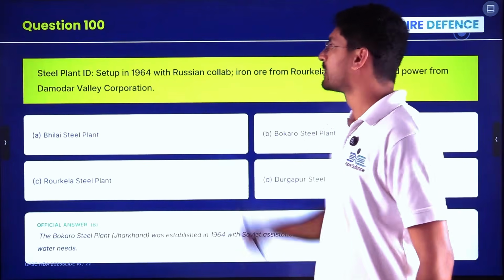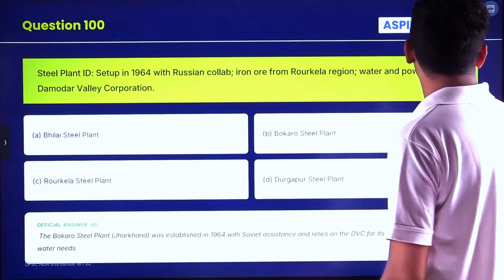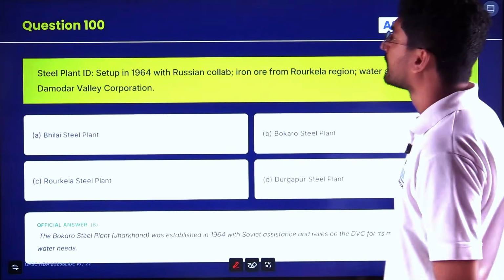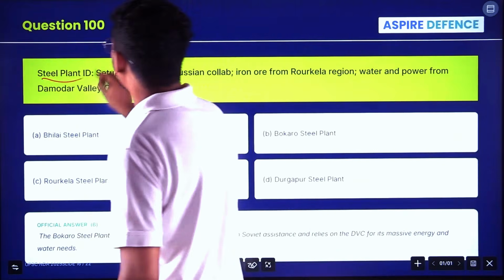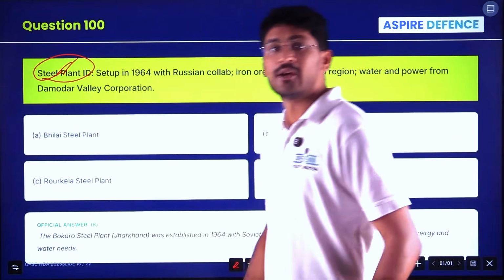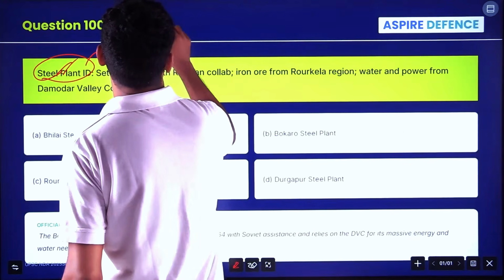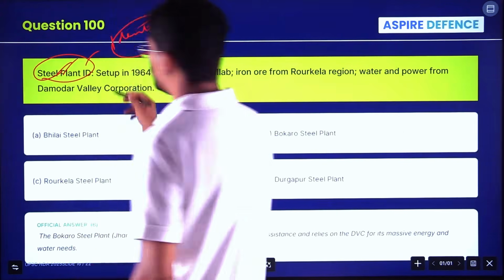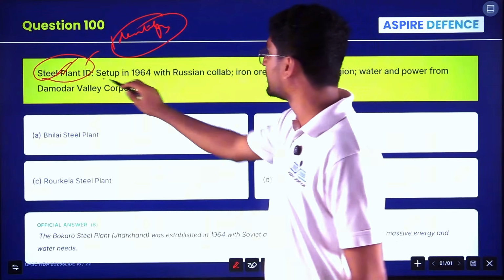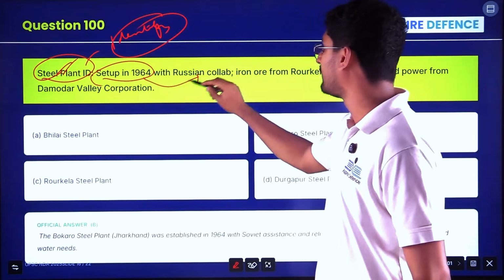Now we'll see the steel plant. They have asked to identify the steel plant in the statements. It was set up in 1964 with Russian collaboration.